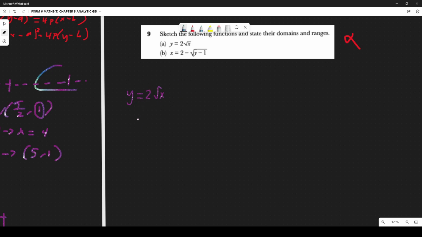If you square both sides, you get y squared equals 4x, and this is basically a parabola. Only for this chapter can you square both sides like that. Do not try this in chapter 1 questions if they ask you to sketch y equals 2 root x. Only show the positive side. Do not show both sides. Don't do that. Bad idea.